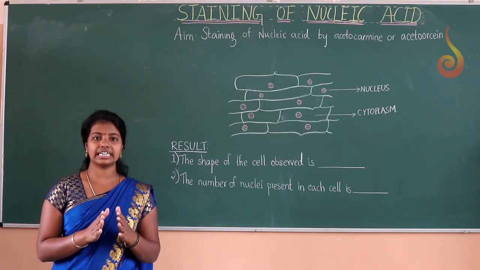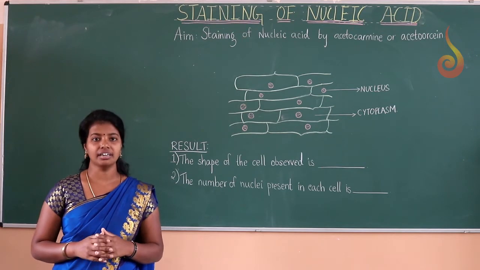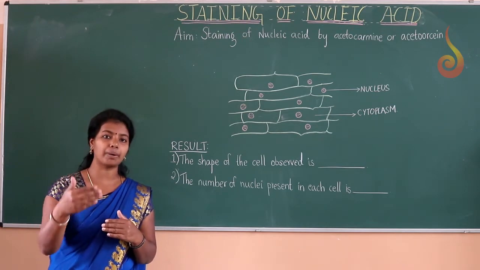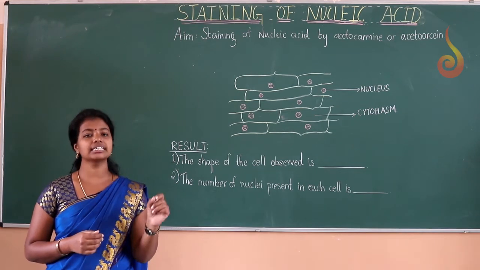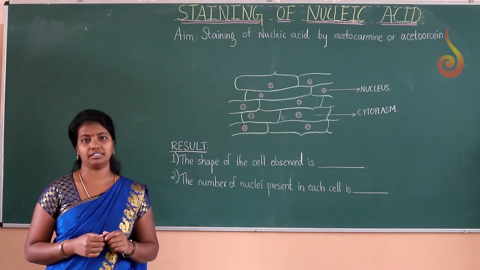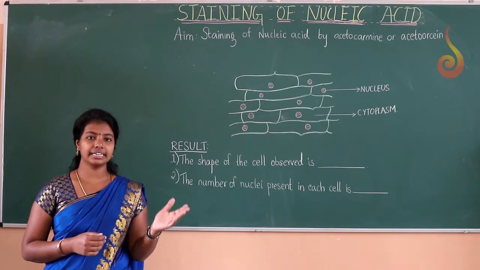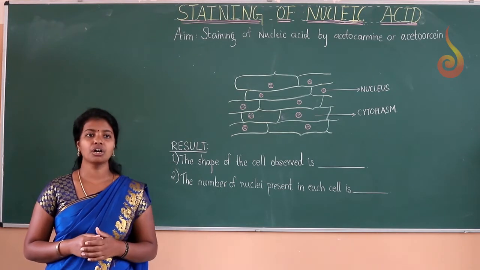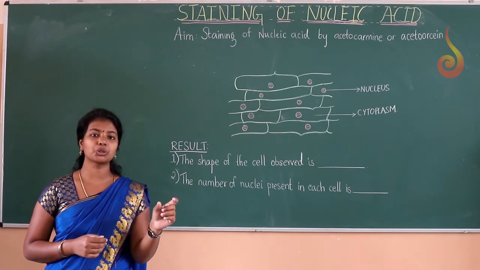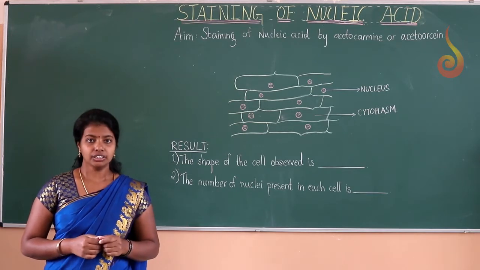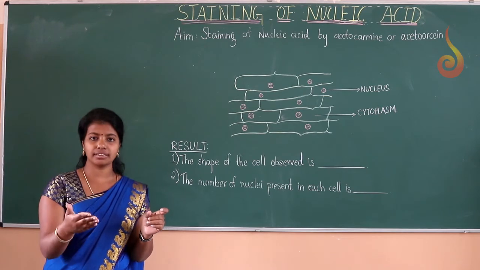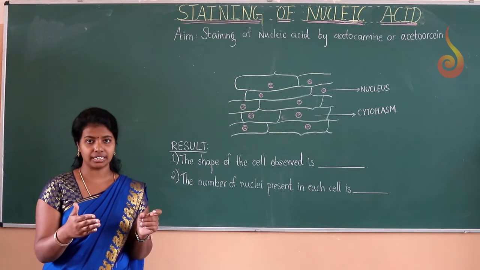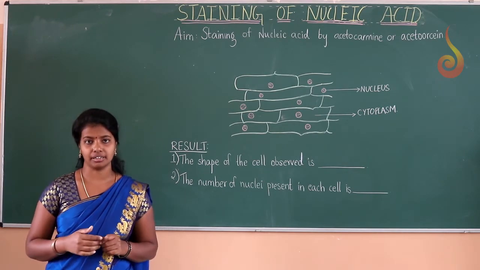These stains are basic stains which have an affinity to bind with acidic components. Here the acidic component is DNA. You all know that DNA is acidic in nature because of the phosphate group present in it. So the acidic DNA can bind with the basic stain acetocarmine.